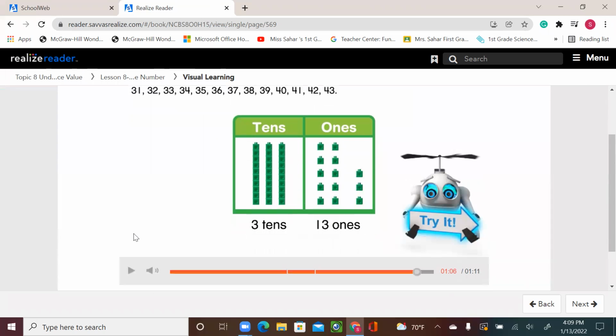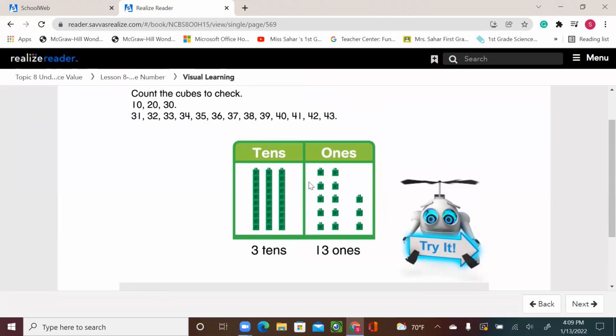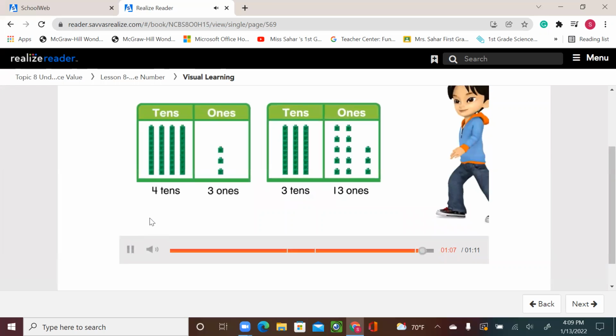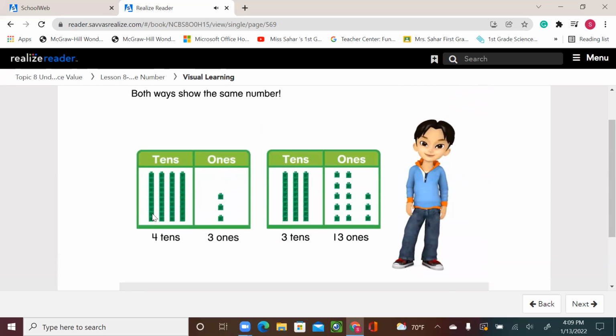So as we see, we get the same answer when I break apart 1 more ten and have it with the ones. So now I have 3 tens and 13 ones, and again the total is the same, 43. Both ways show the same number.